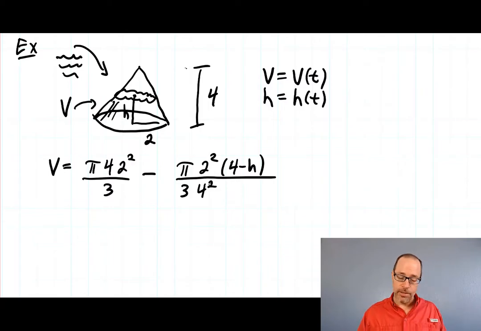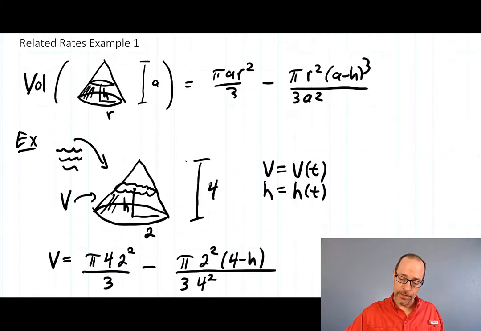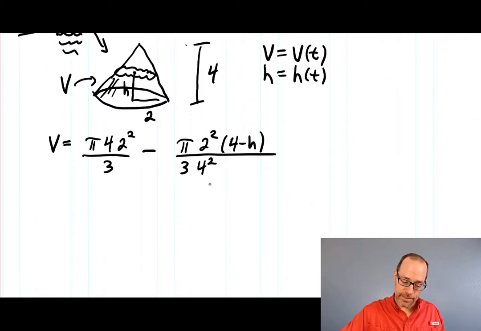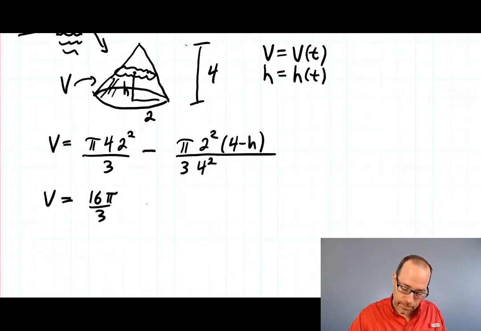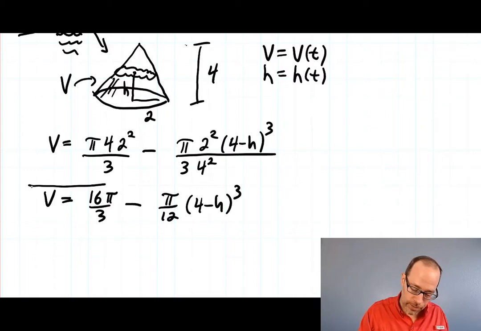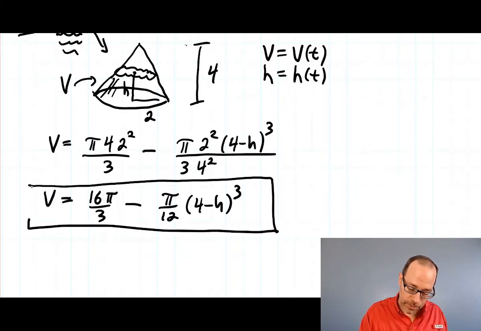So using that previous formula, if we simplify, volume will be 16 pi over 3 minus pi over 12 times (4 minus H) cubed. All right, so that's our formula for how V and H are related.